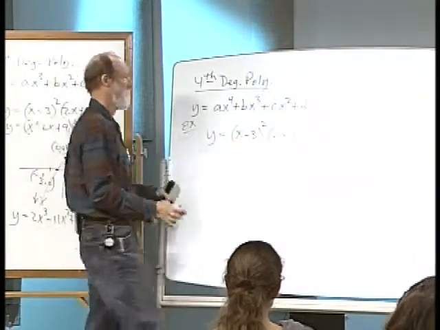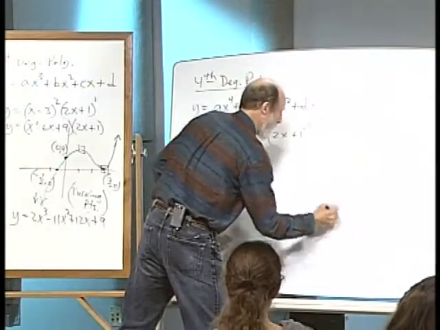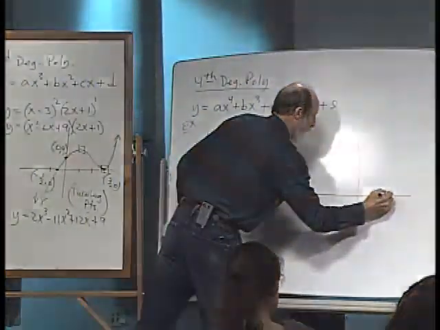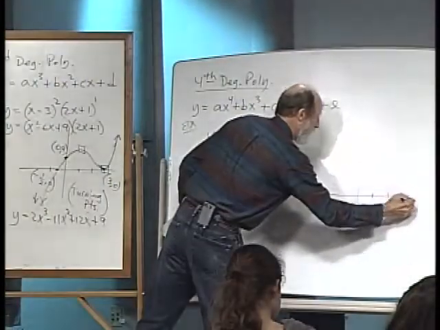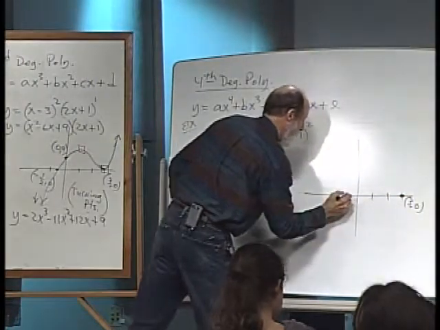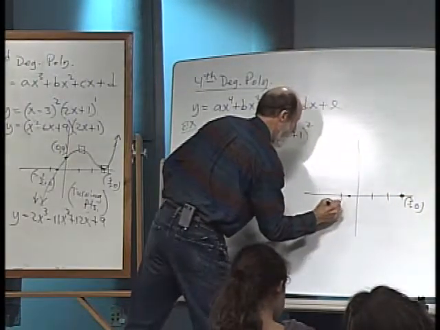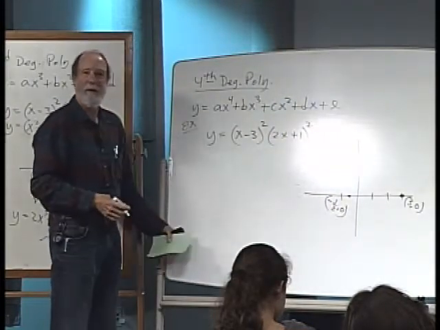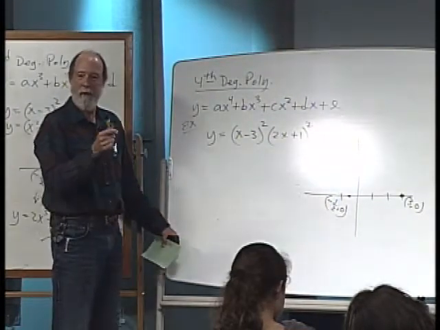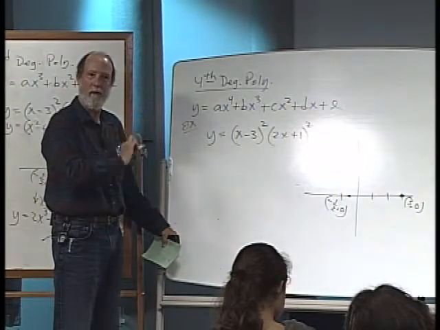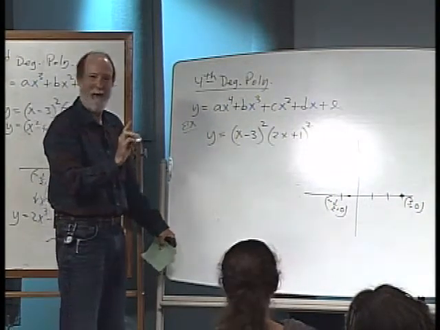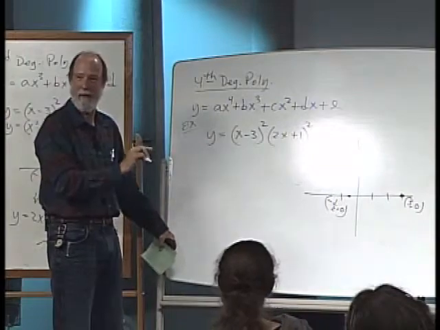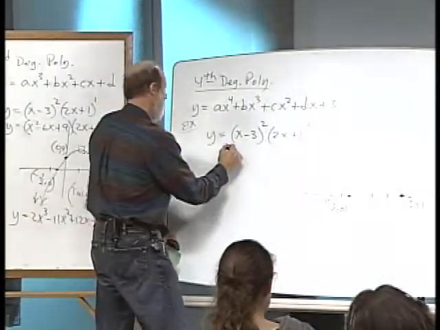Same zeros. Okay. Let's expand it. If you're watching the DVD, pause the DVD, and on paper, crank it out and see if you get the same result we do here.